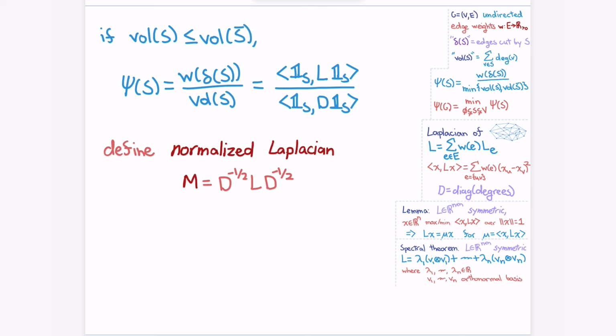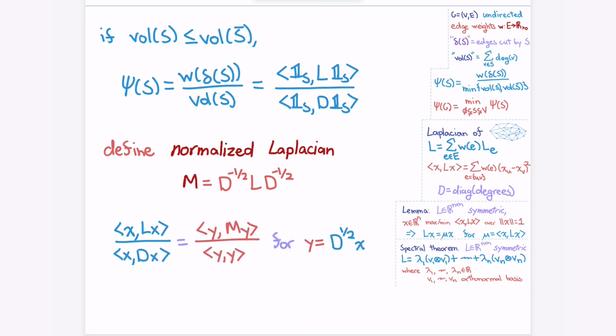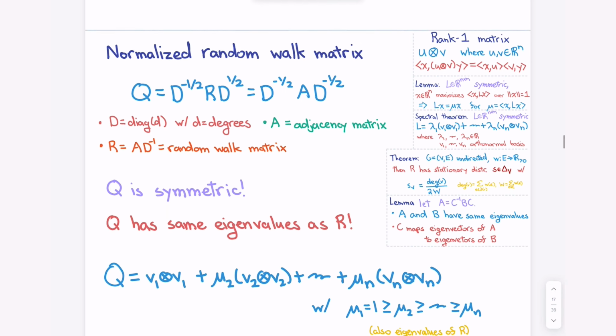Let me define the normalized Laplacian as dividing out the degrees on both sides. Now you have something like x^T L x equal to y^T y for any y. I hope I'm not going too fast, but we can do it again next time.